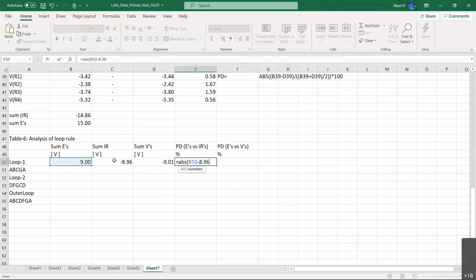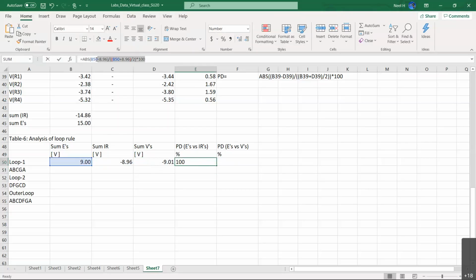Otherwise, it's going to come with that negative sign. Close parentheses, divide by double parentheses, average between them, 9 plus 8.96, close parentheses, divide by 2, close it again, multiply by 100.